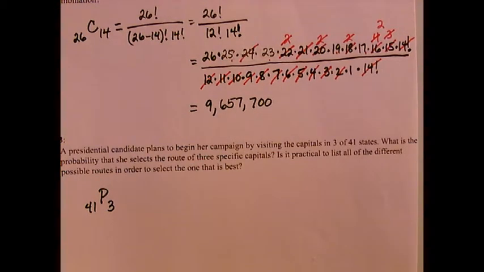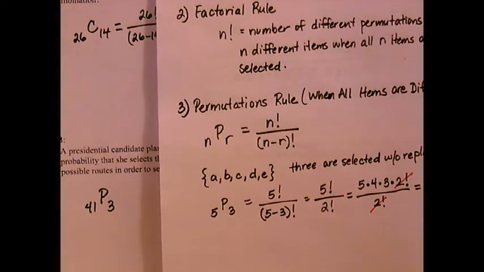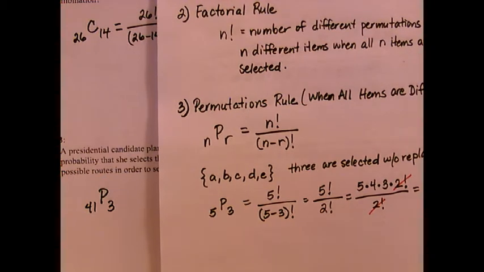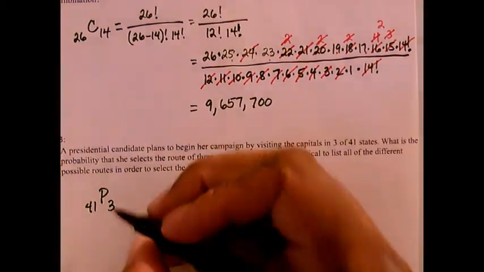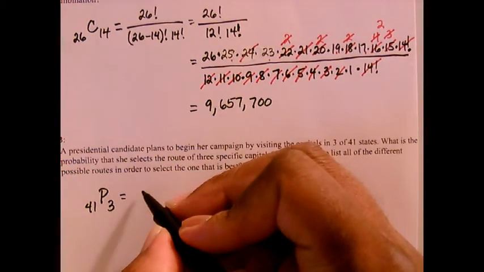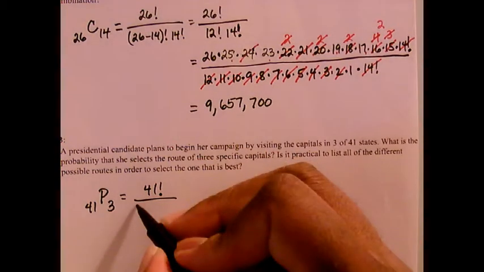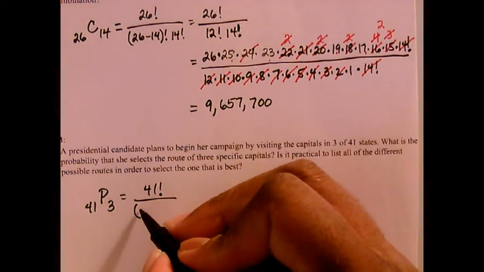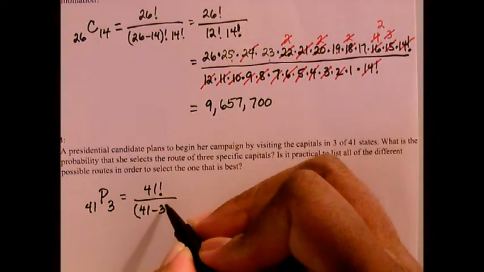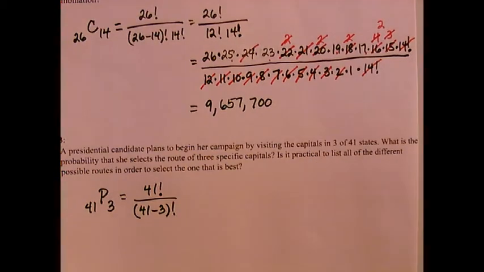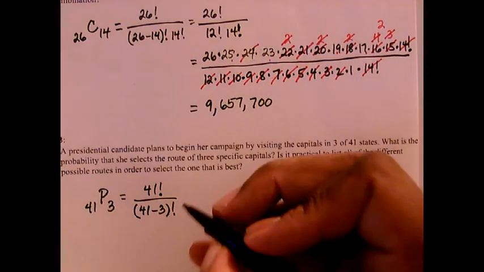Okay, so that permutations rule that we just got through talking about is this one. nPr is equal to n factorial divided by n minus r factorial. So in this case, your n is 41, so that would be 41 factorial divided by 41 minus 3. n is 41 and r is 3. So it'll be 41 minus 3, and that quantity is going to be factorial.